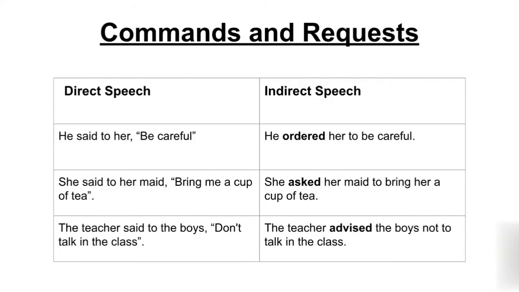He said to her, be careful. In indirect speech, he said to her becomes he ordered her. Another important change occurs: to be careful. To infinitive is added with the verb. To be careful.